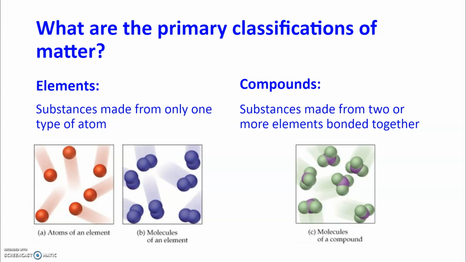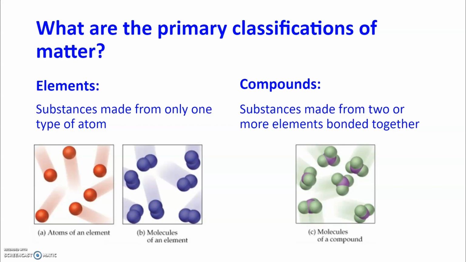So you can see the red atoms are an atom of a single element, but you can also have molecules of an element, like is shown in the purple molecules of an element. And when you have a molecule with two of itself bonded together, we call that a diatomic element.